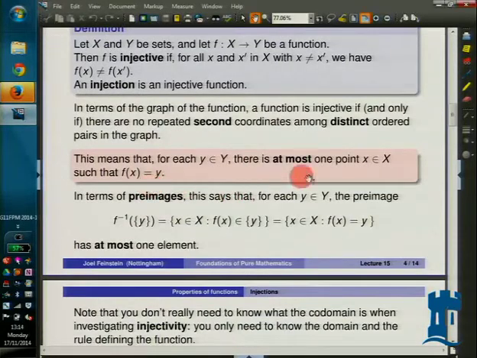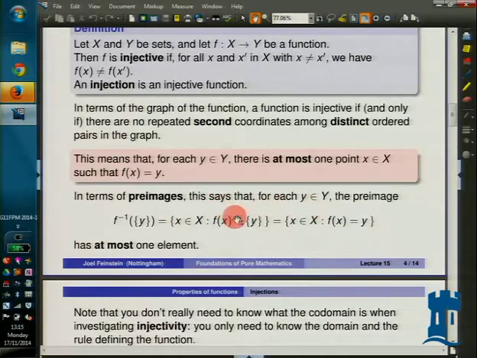And you can do it in terms of pre-images. The pre-image of the single point set y, which we defined last time, is the set of x's which get sent into that set. But since there's only one thing in this set, it's those x's so that f of x equals y. And that pre-image of the single point set y must never have more than one element. So you can detect whether you're injective this way.